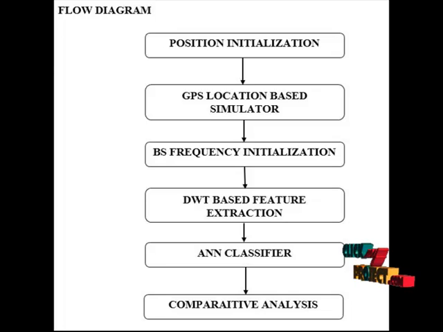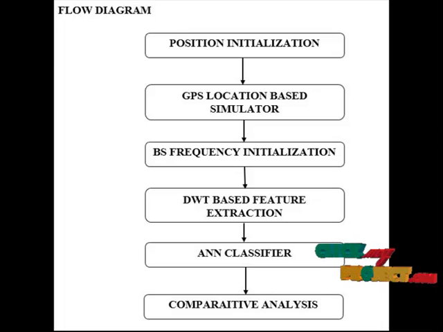Base station frequency initialization shows the initialization of 2 frequencies: a 95 to 100 GHz range for the base station, and the frequency of the signal received by the base station, which is 1 to 5 GHz, is also initialized in this block.